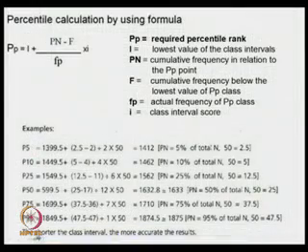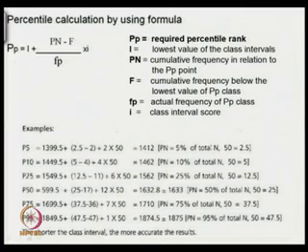Another thing, now, whatever mathematical, arithmetic calculation we have discussed, the formula would be: preferred percentile rank Pp equals L plus (Pn minus F) divided by Fp, into I. Pp means the required percentile rank.